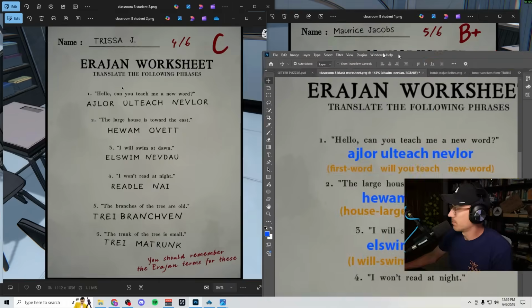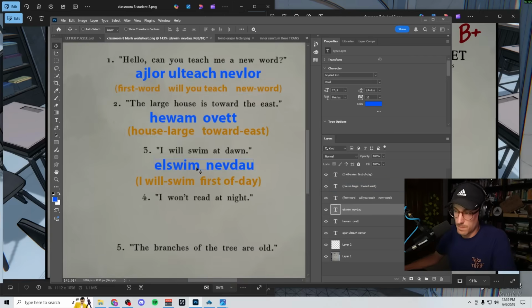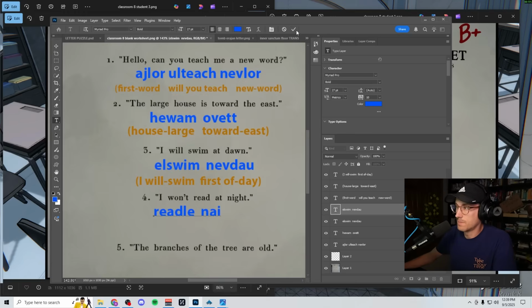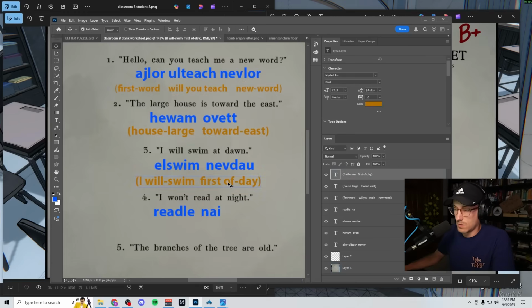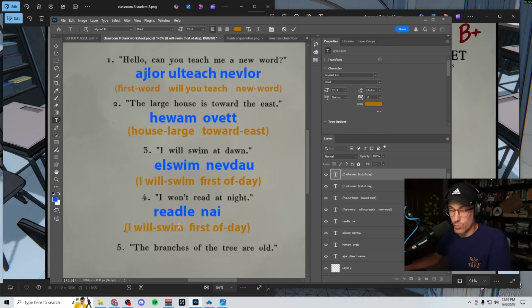Okay. Read lay. Nigh. So when we get all the way done with this, this is our hypothesis for how this works, by the way. But we're going to have to check it at the end.